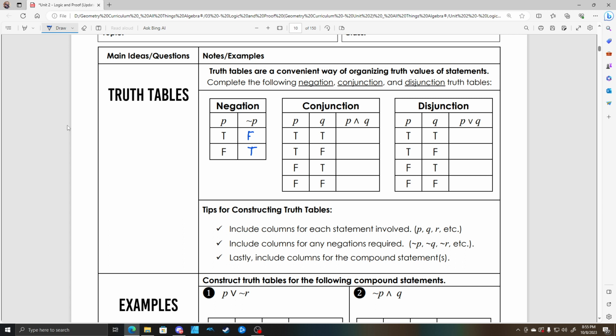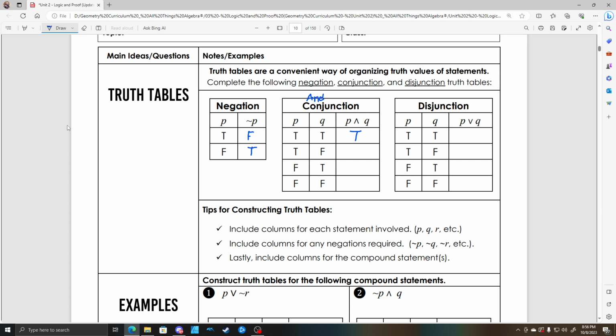So let's apply that over here, and let's start thinking of what conjunction means. Remember, conjunction is our and. So this is our and statement. And remember that for and, both parts have to be true. So if P is true and Q is true, if both of our statements are true, then the conjunction is still going to be true. But remember, they both have to be true in order for the conjunction to also be true.